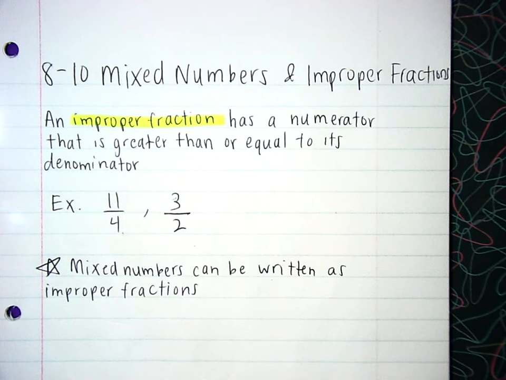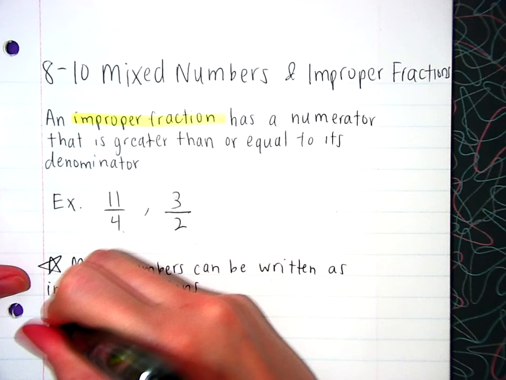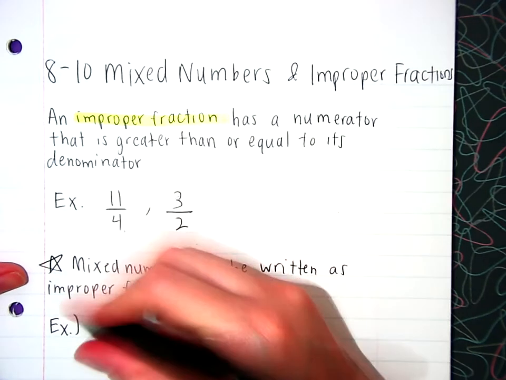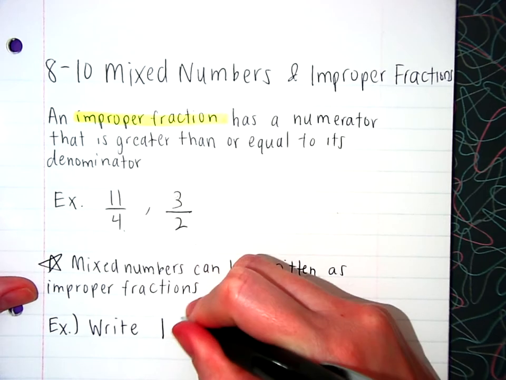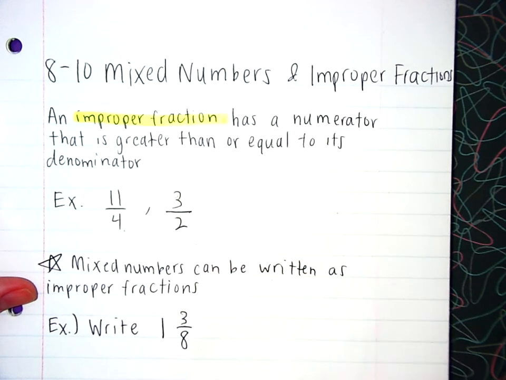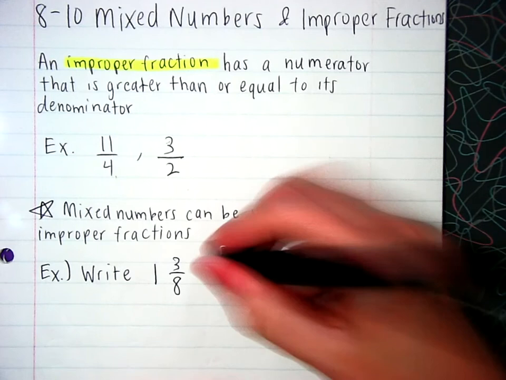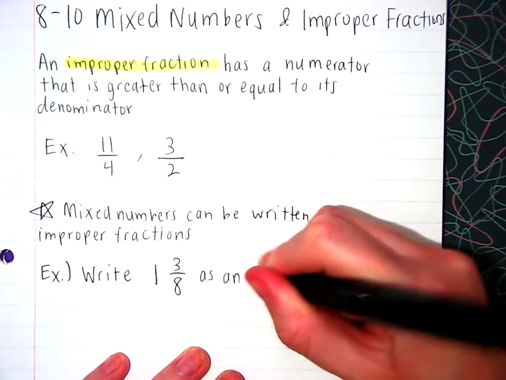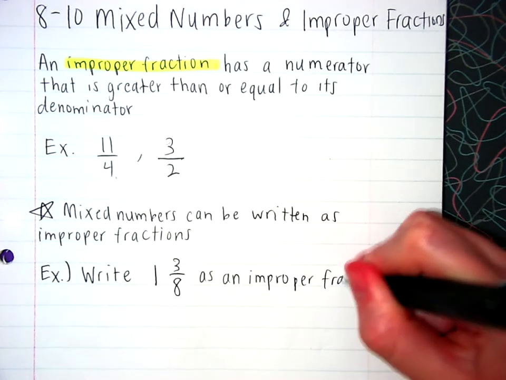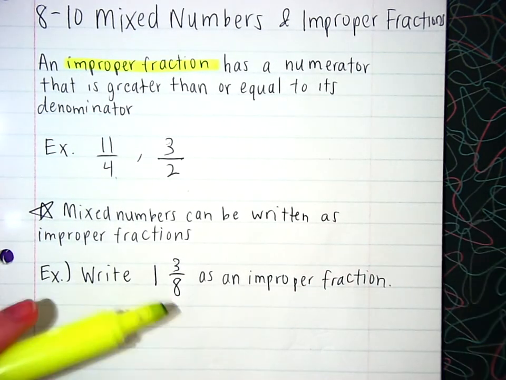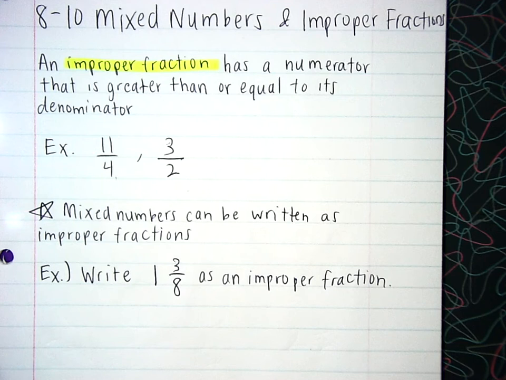So let's look at our first example. Write 1 and 3 over 8 as an improper fraction. Right now, it is currently a mixed number, so we want to write it as an improper fraction.